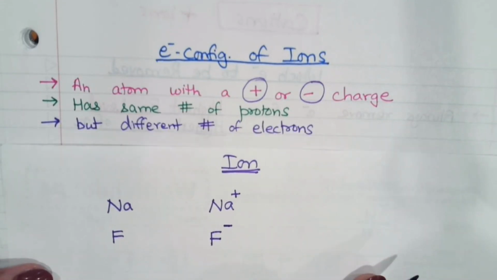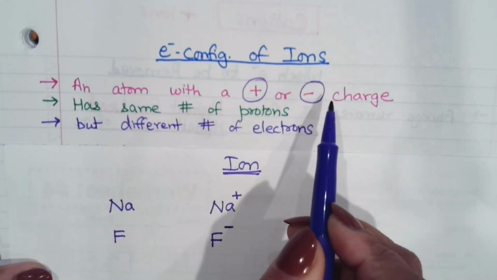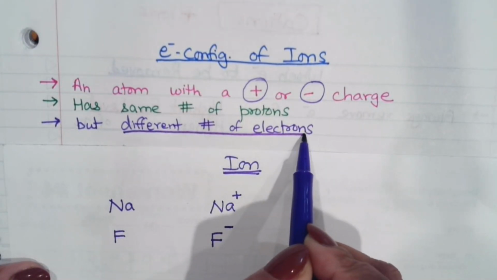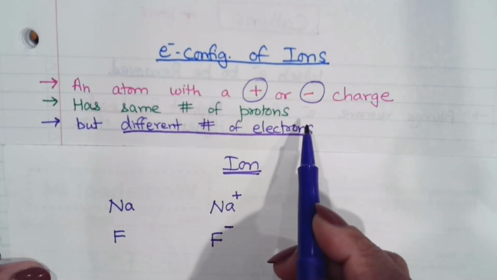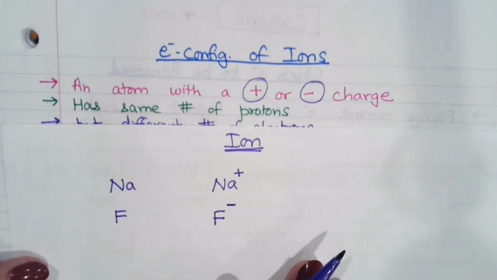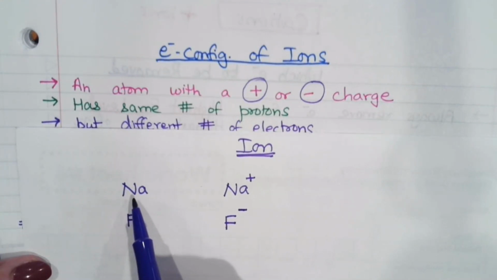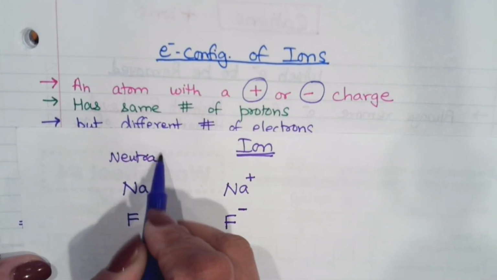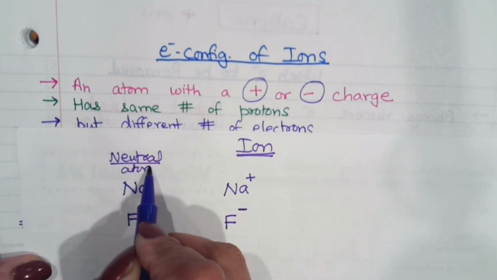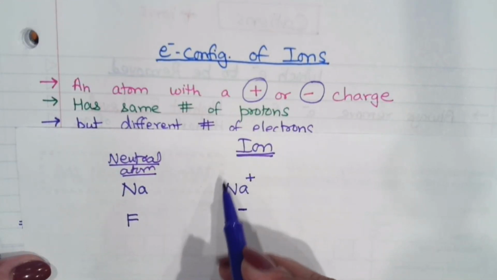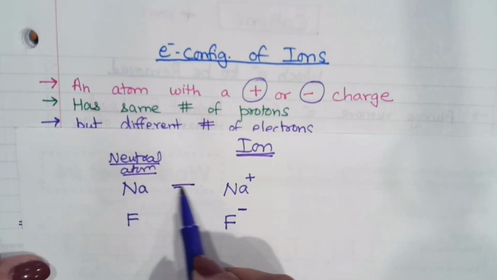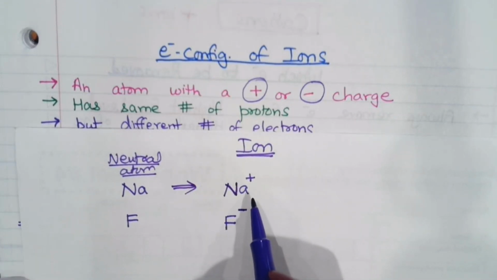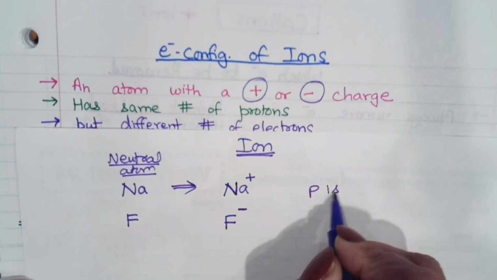If an atom has a charge, that means it has a different number of electrons. Remember, we still have the same atom. If we write the sodium atom, this is the neutral atom. That is still sodium. And when we write down the ion formed by sodium, it still has the same symbol Na, so the protons are the same.